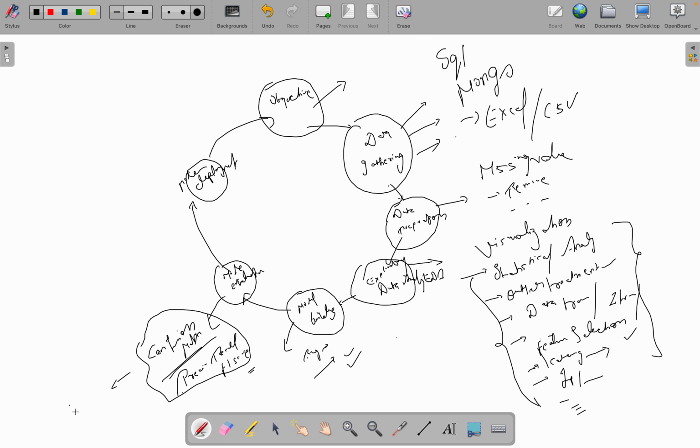If you have a regression model, then R2 score, RMSE. And for clustering we have Silhouette scores for finding the clusters, and then we have to evaluate.